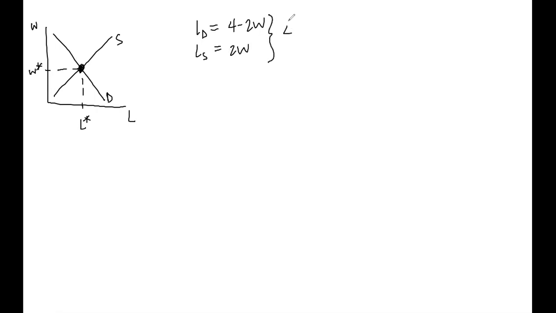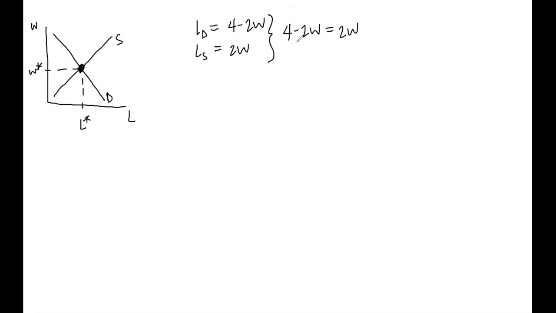So 4 minus 2W equals 2W. So as you can see, the labor goes away because now we can only solve for one variable at a time. But right now we're solving for W.